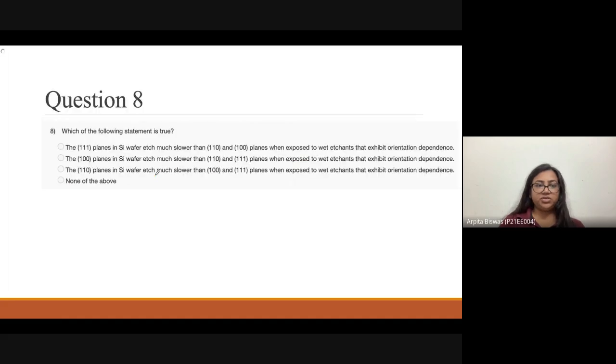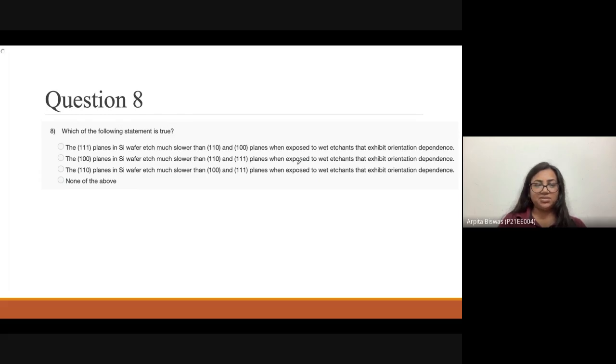So next move toward question number 8. Which of the following statement is true? The 111 plane in Si wafer is much slower than 110 and 100 plane when exposed to wet agent that exhibit the orientation dependence. And the second option is the 100 plane in Si wafer is much slower than 110 and 111 plane when exposed to wet agent that exhibit orientation dependence.